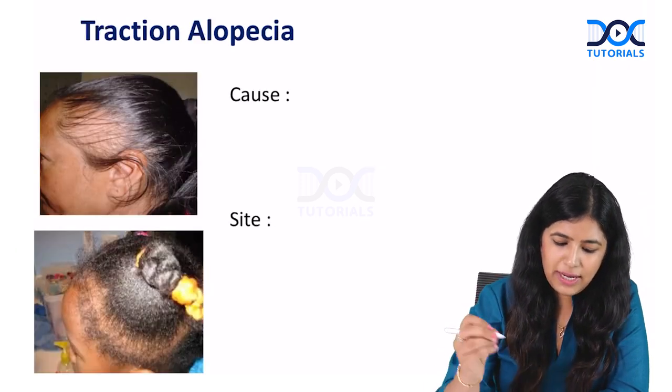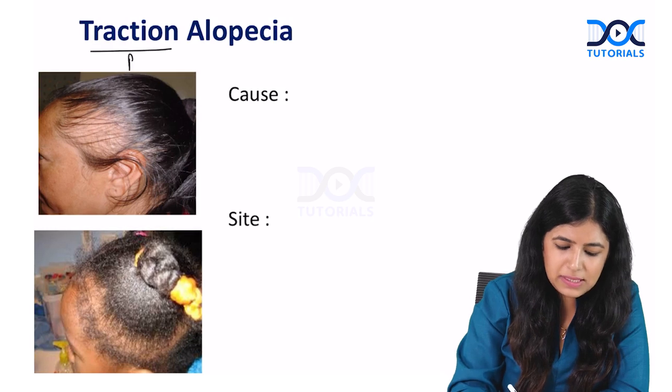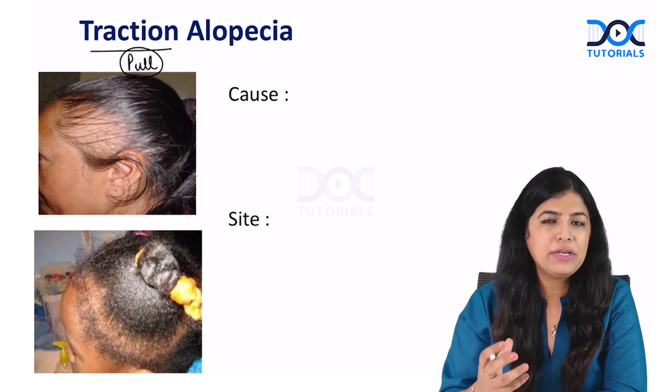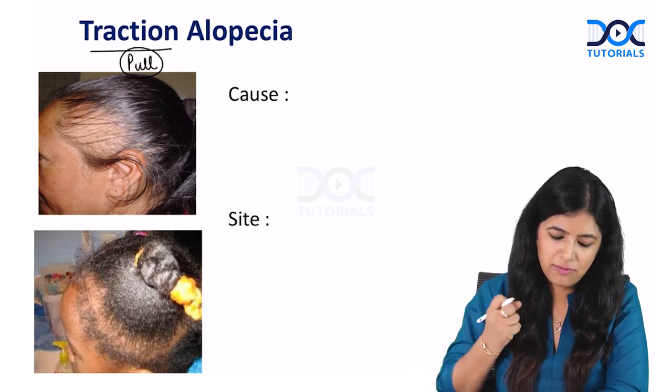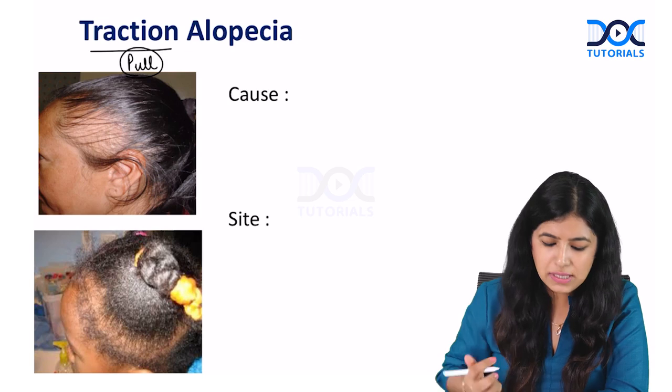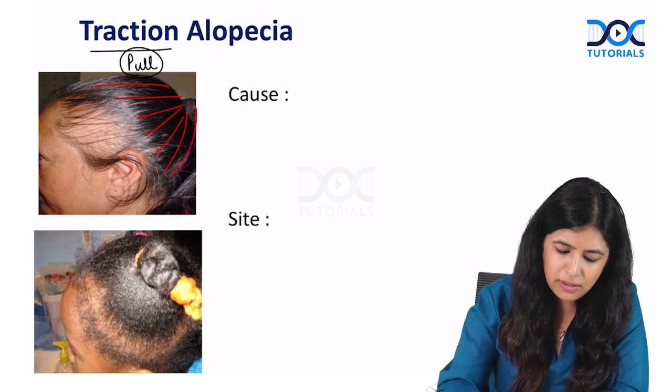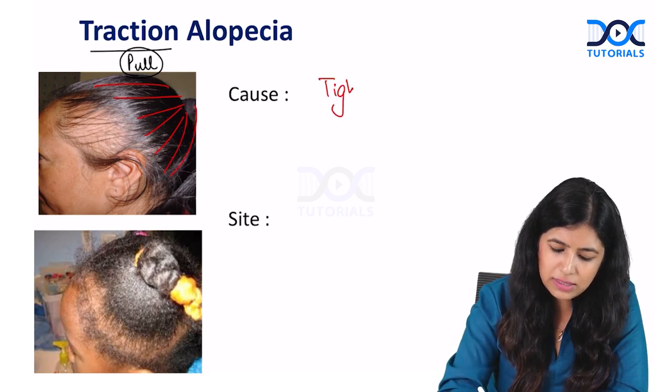Next, we have traction alopecia. Traction means pull. So this is a kind of alopecia which is happening due to a pull on the hair follicle. Now, what causes the pull? In this girl, as you can see, the hair are being tightly worn in a ponytail.